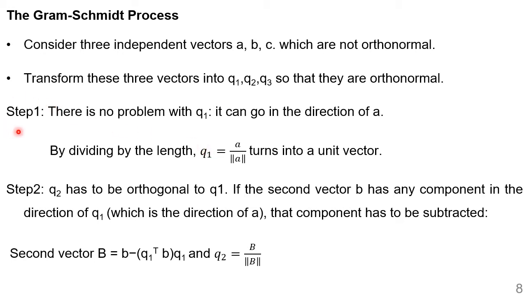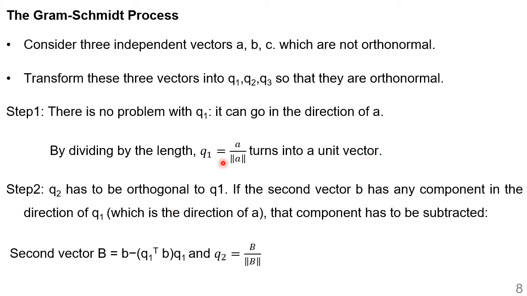In the first step, we consider any of these vectors A, B, C, and convert it into a unit vector so that we can get Q1. I have considered the vector A and I convert it into a unit vector by dividing A by the length of A. So Q1 turns out to be a unit vector.